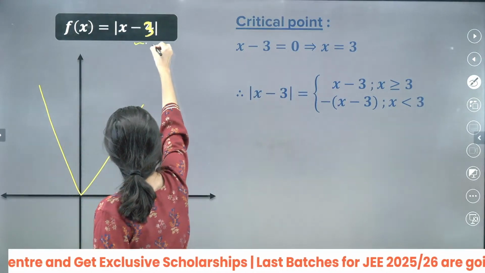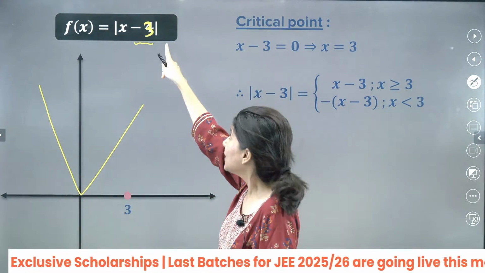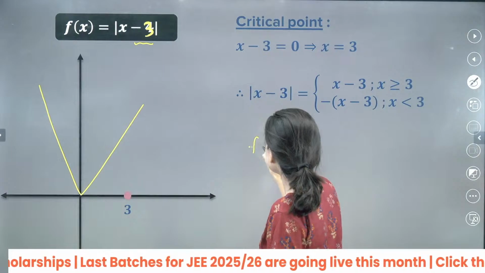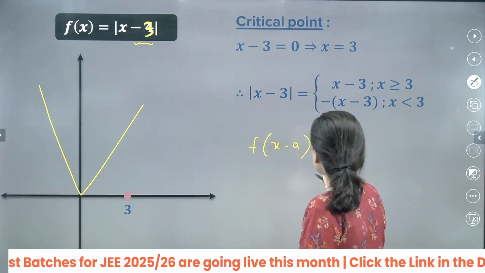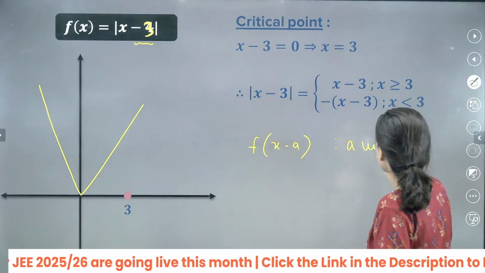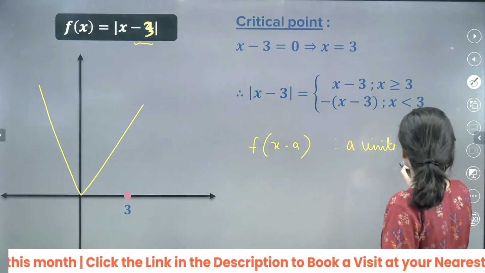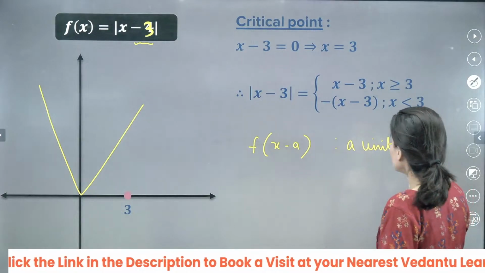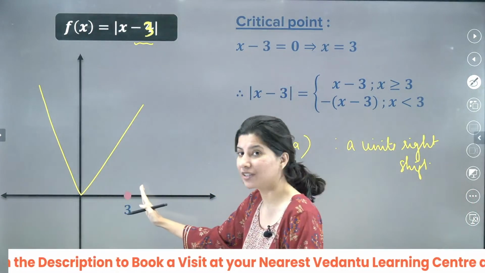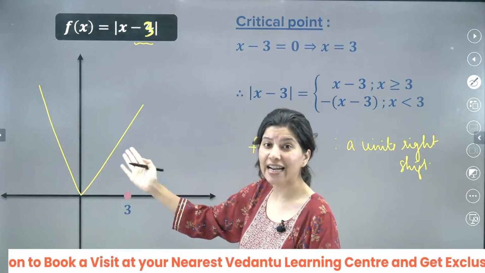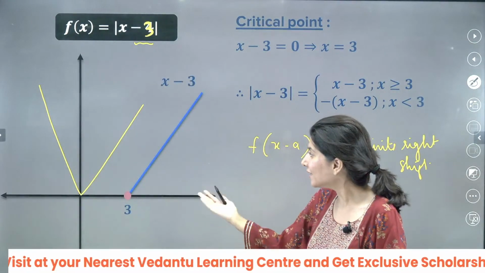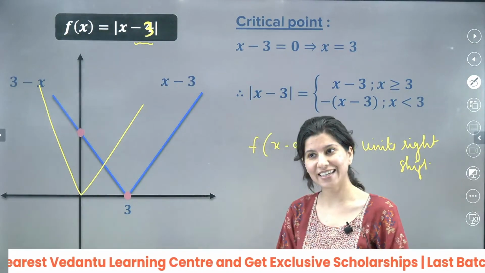And now because we are subtracting, basically f of x minus a means a units right shift. So we need to shift the graph 3 units right. Can you see, 3 units right?